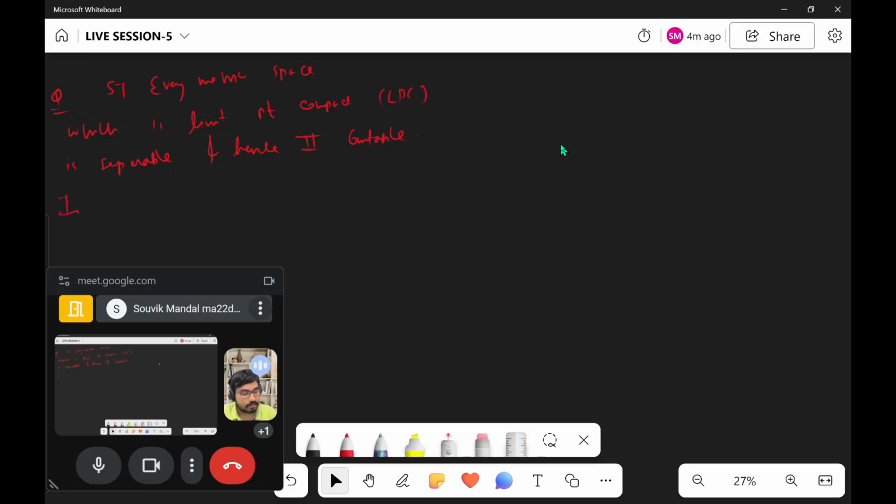In particular, conclude that every compact metric space is second countable. Okay. Take your time, think about it, let me know.